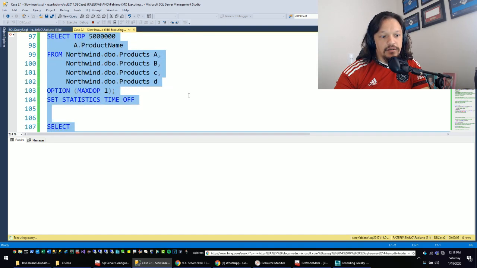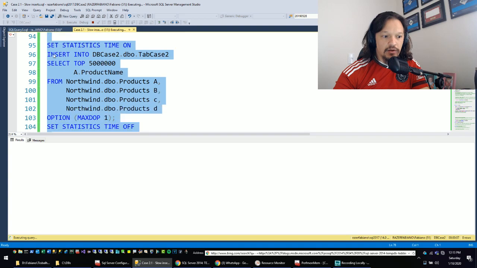It's a regular insert into the table with a bunch of rows. Because I'm not using TABLOCK here, that's a regular logged operation, so I'm going to write a lot of data into the log file.